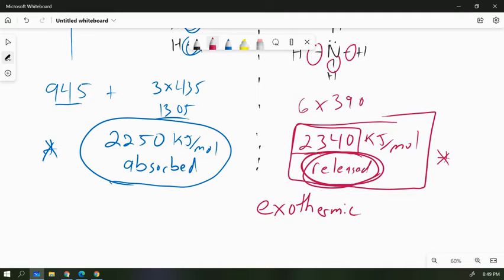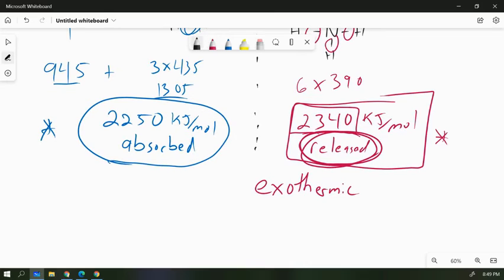Now, one thing that I'm going to ask you to do is determine the difference in energy. So if we subtract these two numbers, we take the 2250 minus 2340. You can write the bigger number first so you don't get a negative number, or we can just take the absolute value.